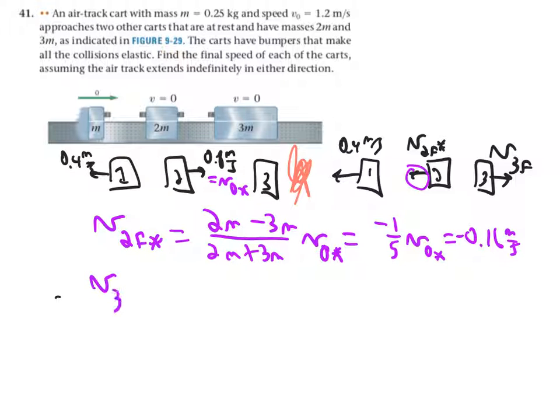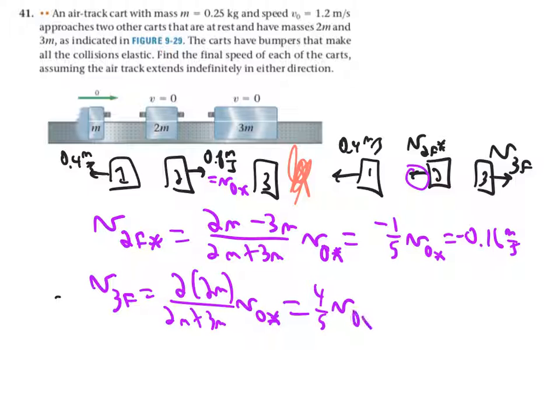And then V3F is going to be twice the 2m mass over their sum times the new inbound speed, which is 4/5 V0 star, which is 0.64 meters per second.